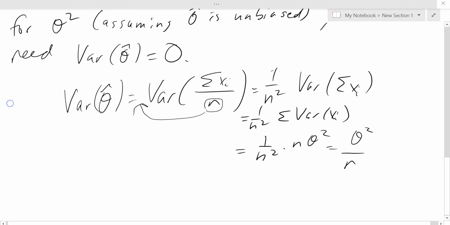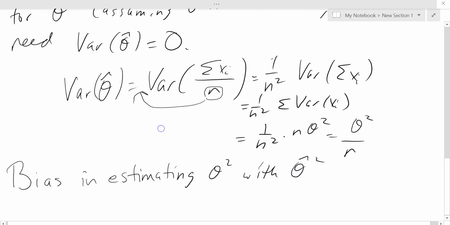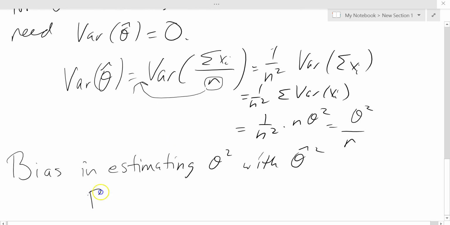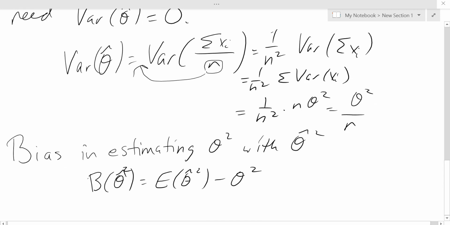All right, so if we calculate the bias now, remember your bias is the expected value of theta hat squared minus theta squared in this case, right? The expected value of the estimator minus the actual thing that you're estimating.